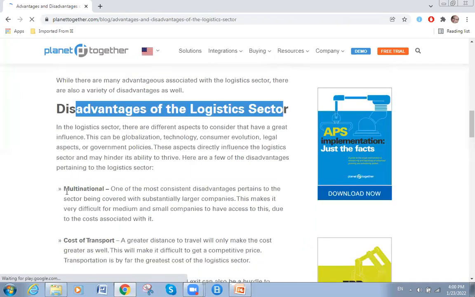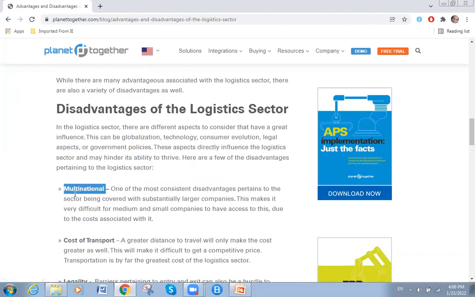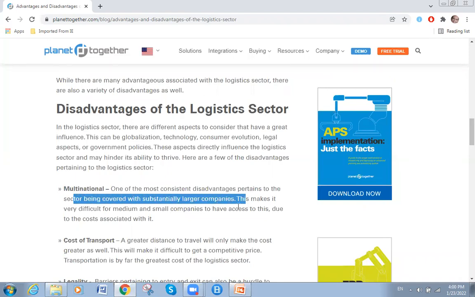Disadvantages of the logistics sector is multinational because you are working in many countries. One of the most consistent disadvantages pertains to the sector being covered by larger companies. This makes it very difficult for medium and small companies to live, exactly like the big fish eat the small fish. So it's very hard for the global logistic companies.